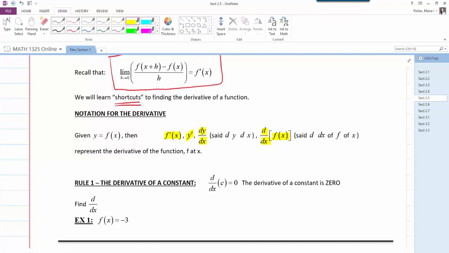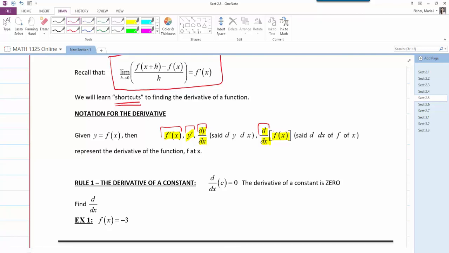If someone says find f prime of x, or find y prime, or find dy dx, or find d dx, then that means you need to find the derivative. All of those are different notations for the derivative.